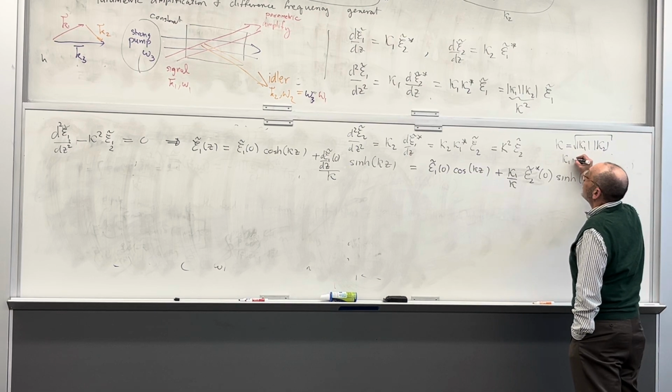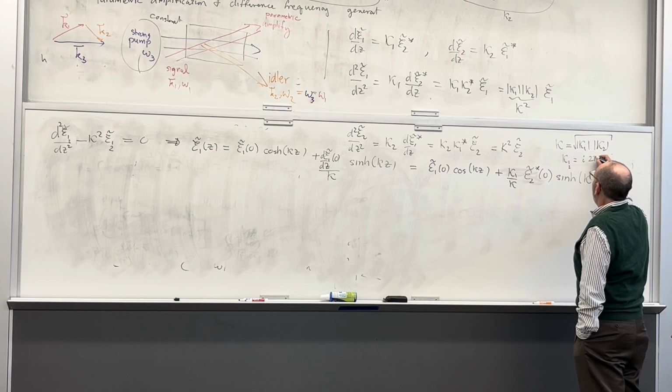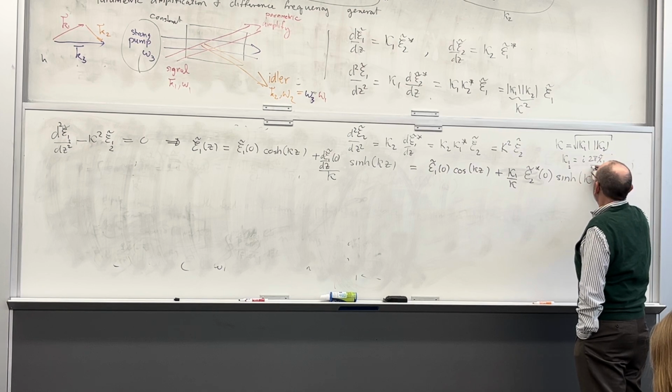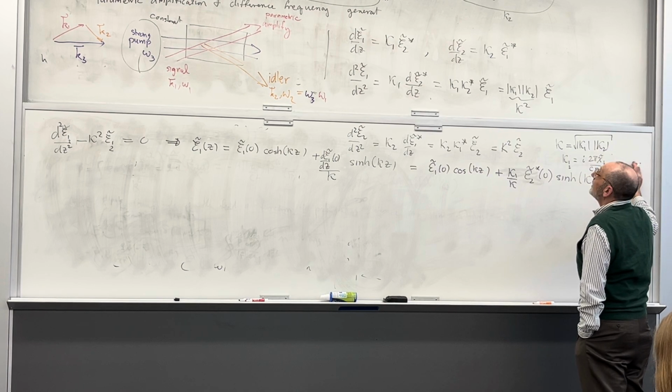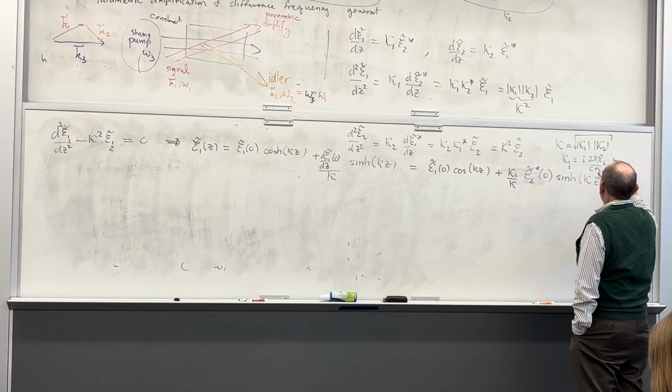Kappa 1 or 2 is given here as i 2 pi chi 1 or 2 over c n 1 or 2 times E3.